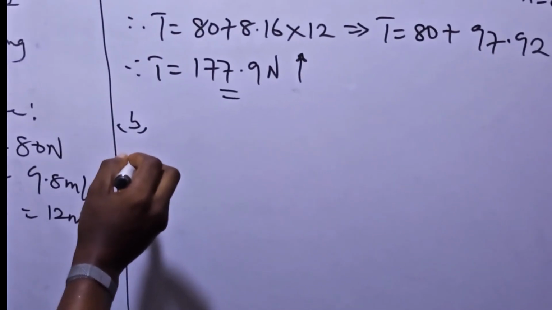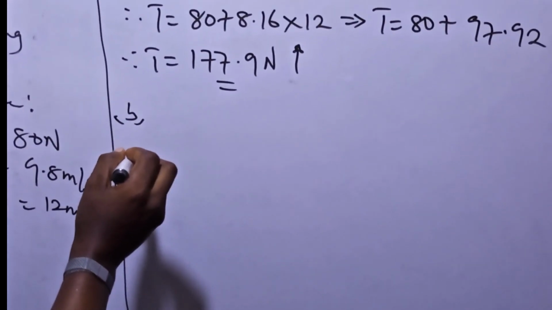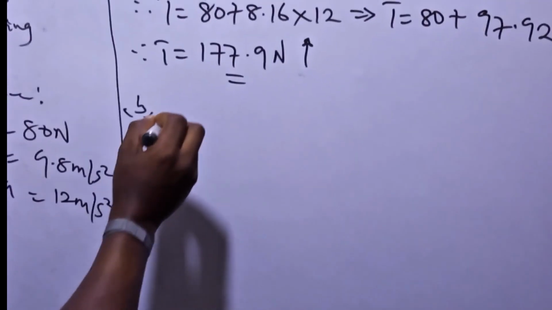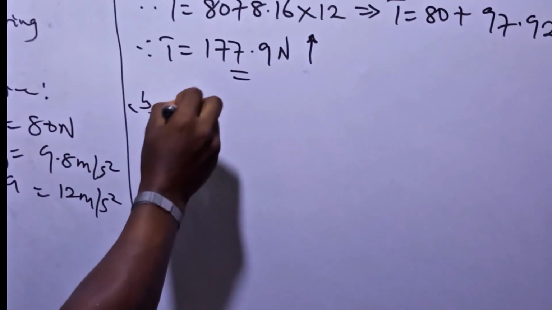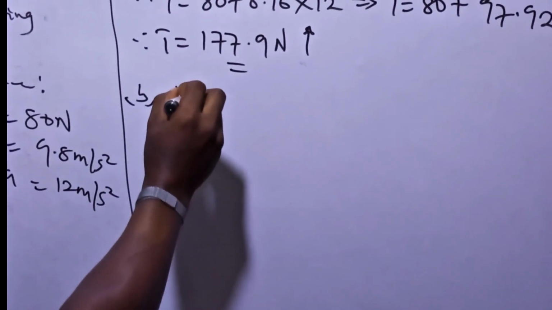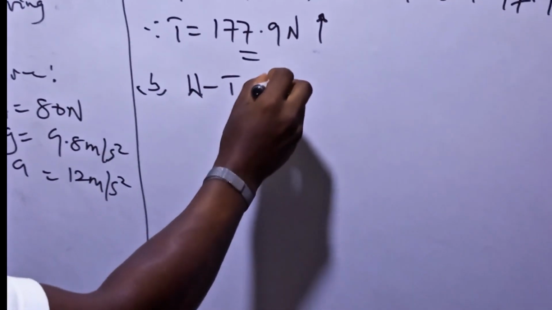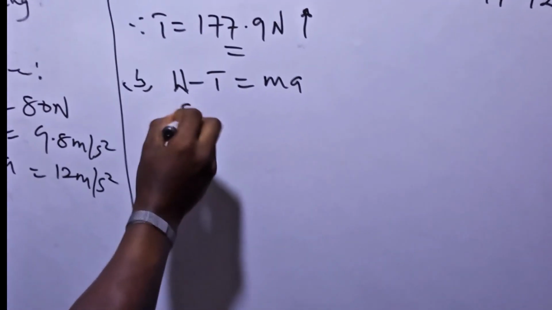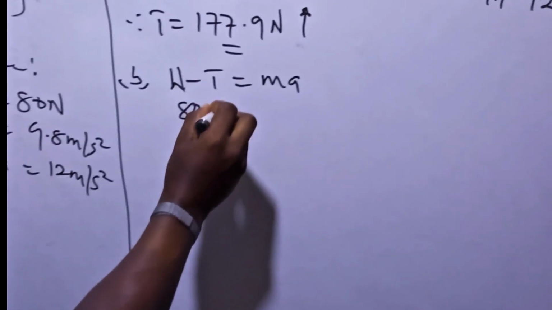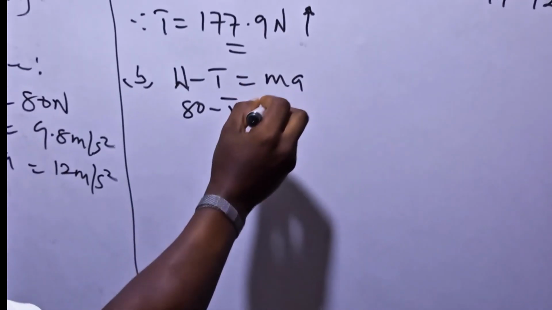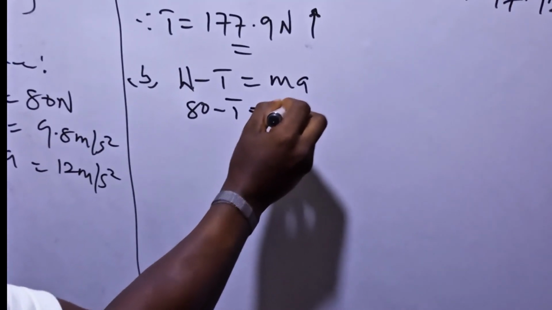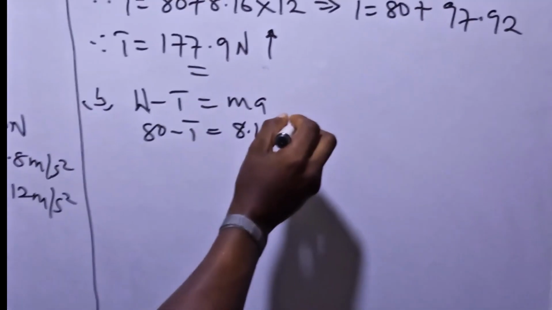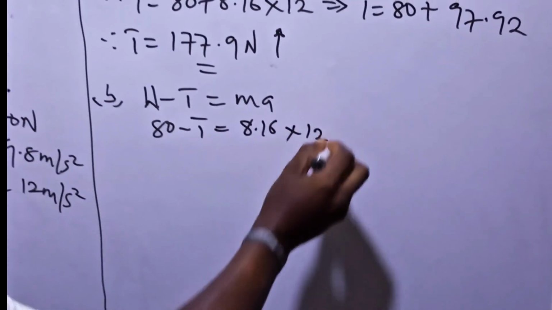Now, the B part says, what will be the tension in the rope if the elevator is going downward at 12 meters per second square? Now, the B part, downward, means that the weight is overwhelming the tension. Weight minus tension equals mass times acceleration. The weight here is 80 minus tension. The mass I've gotten before is 8.16 multiplied by acceleration, which is 12.